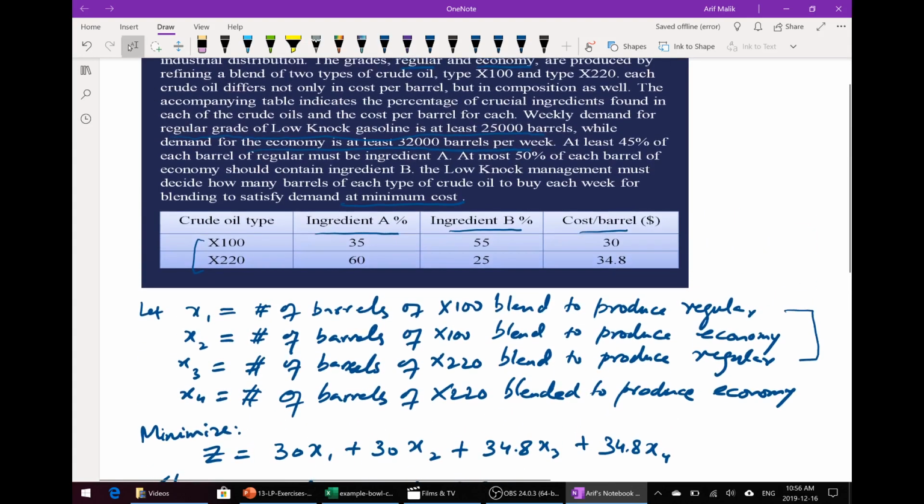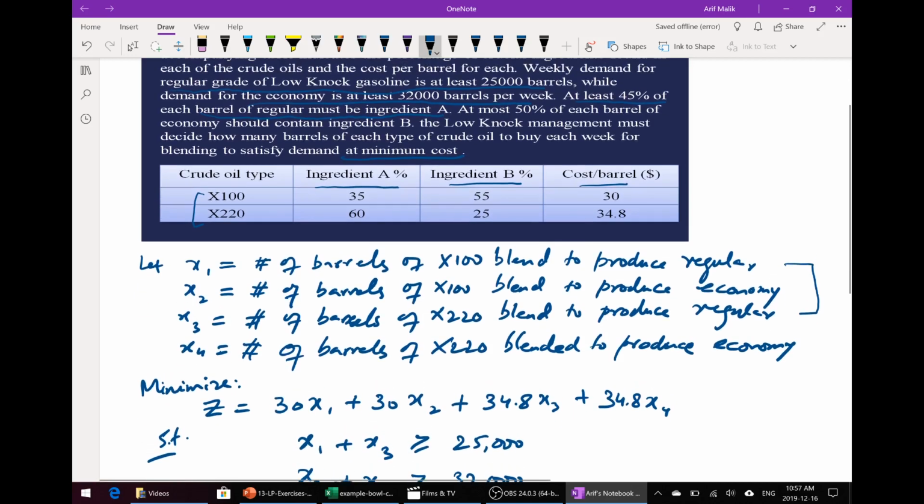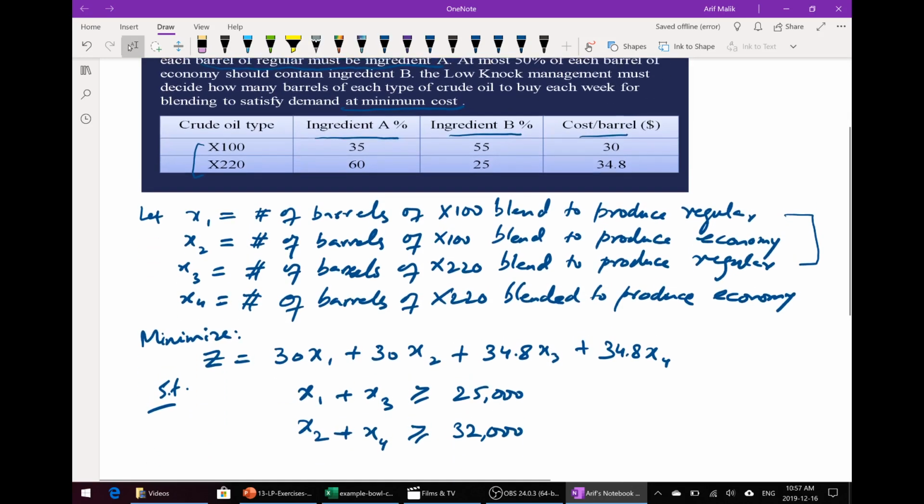Then it says that at least 45% of each barrel of regular must be ingredient A. So ingredient A is 0.35 in X100, which is X1, right?